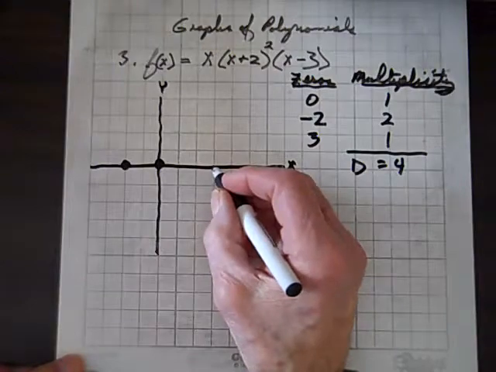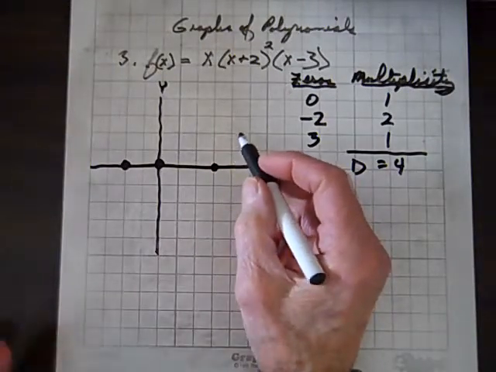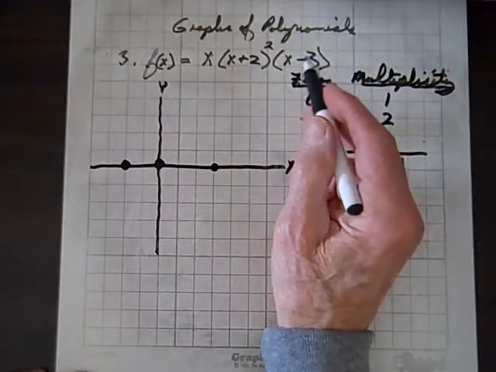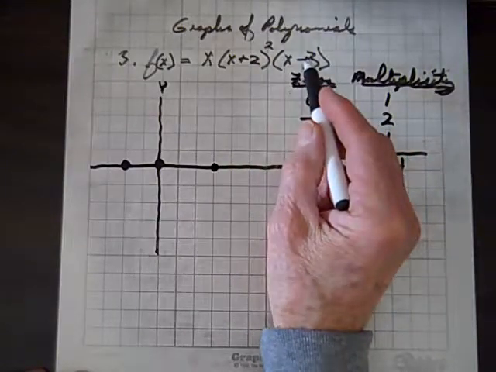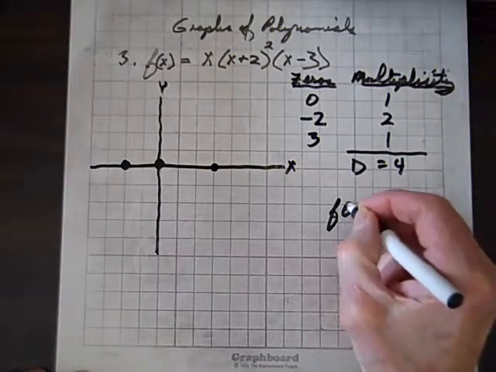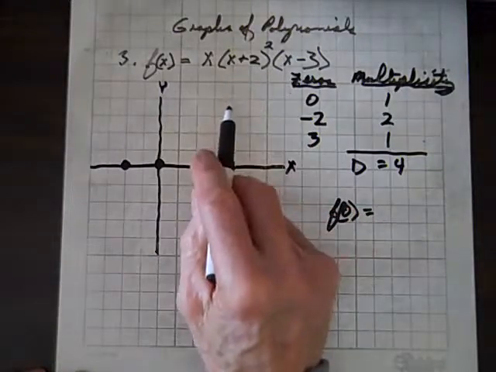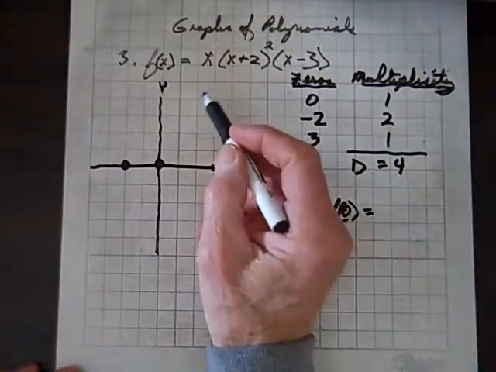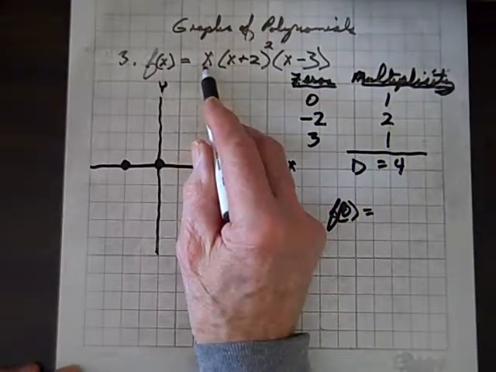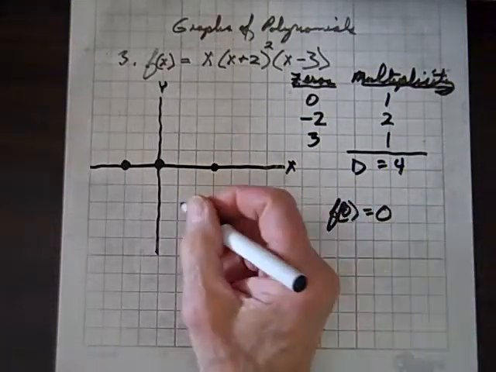And we're going to have one at 3. And by the way, our y-intercept, if we were to evaluate f of 0, that's going to be 0, because that factor is 0, so 0 times anything is 0.